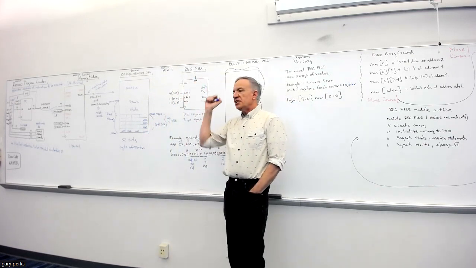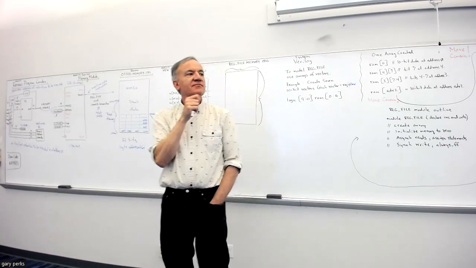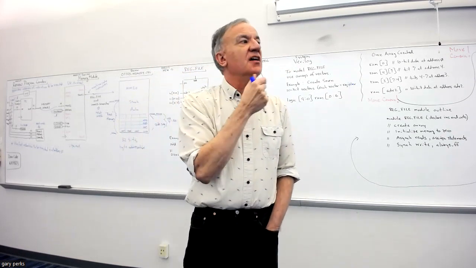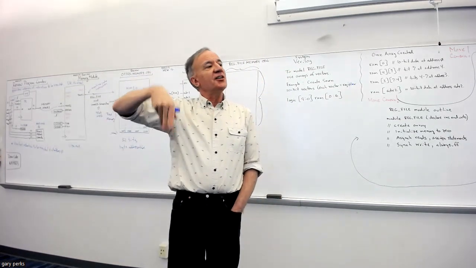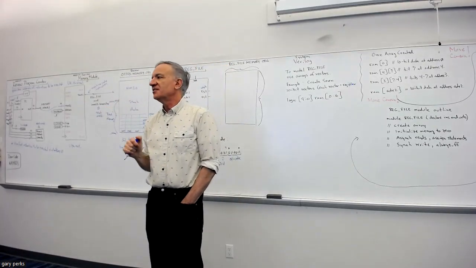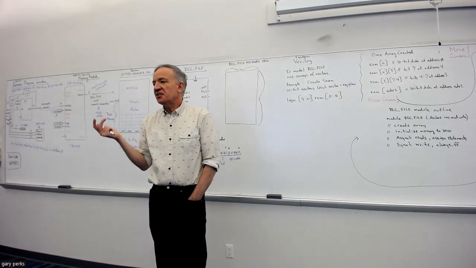Now, what's the difference between synchronous and asynchronous again? Right, synchronous depends either on a rising edge of a clock or a falling edge of a clock, correct. How about asynchronous? Doesn't depend on the clock, okay?